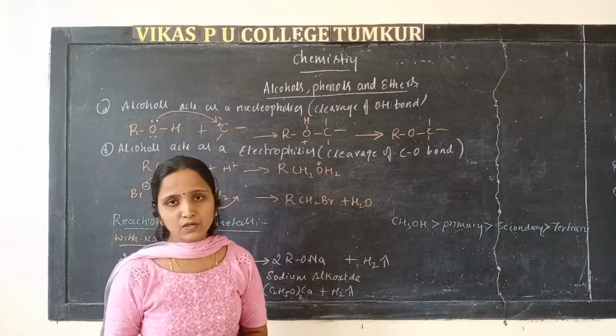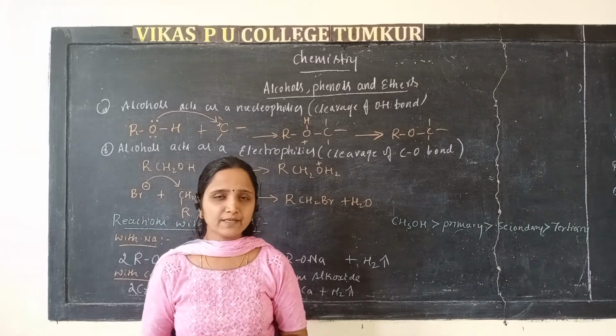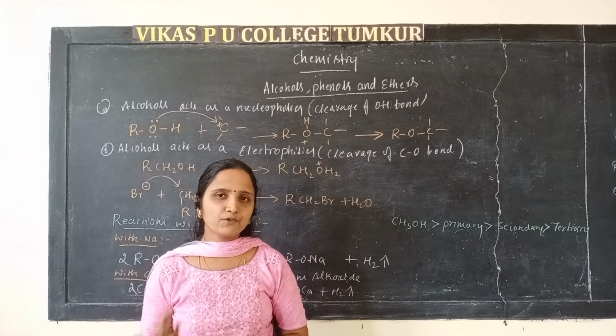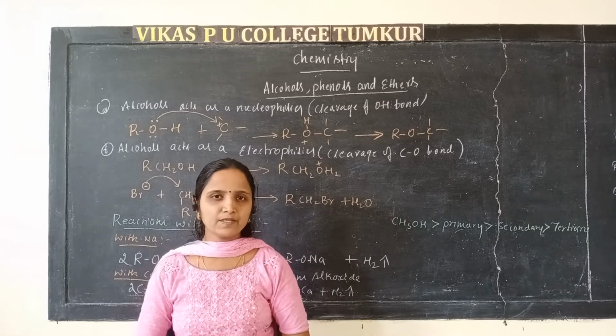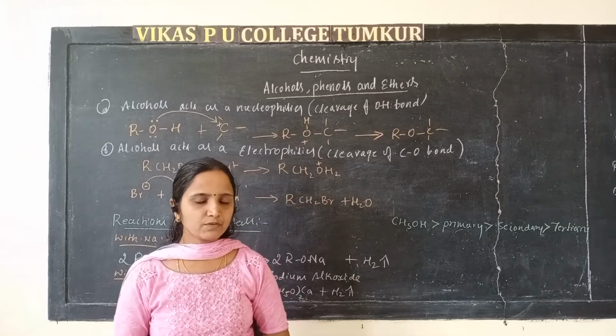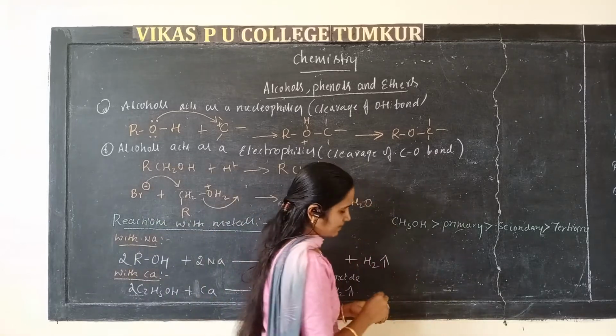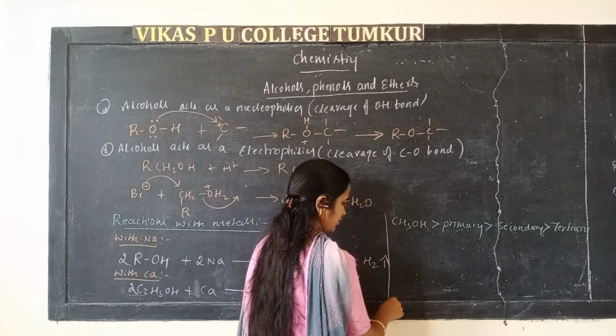If tertiary butyl alcohol reacts with aluminium, aluminium tertiary butoxide is formed. We will take this example and write the reaction here.